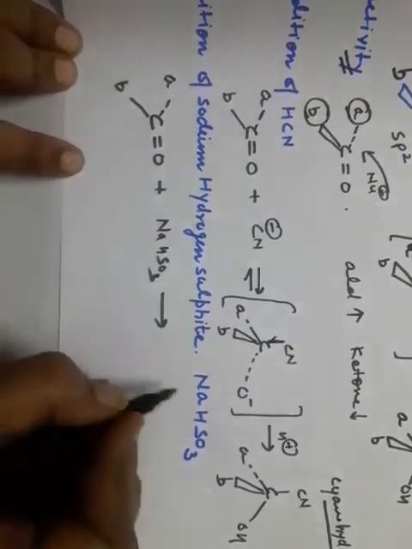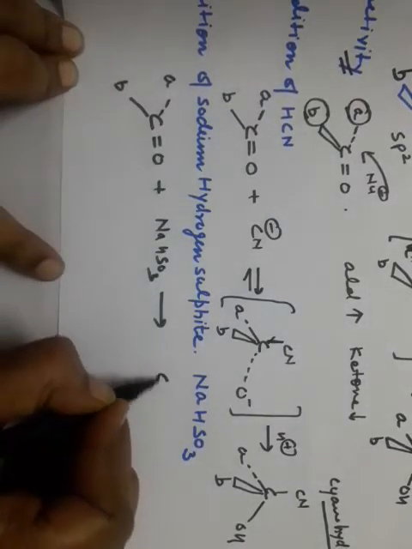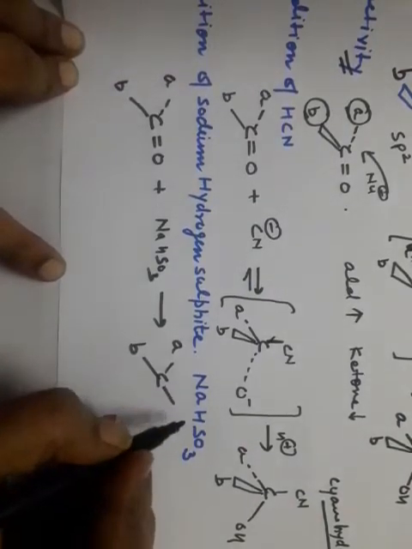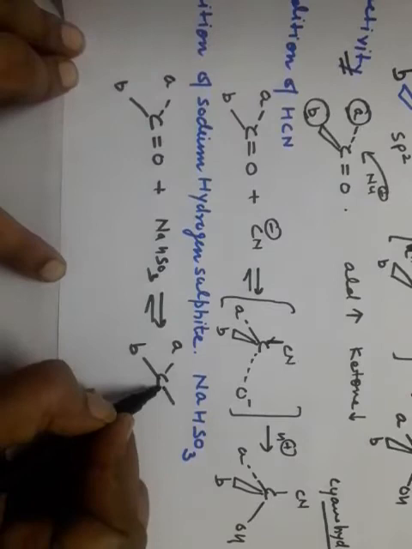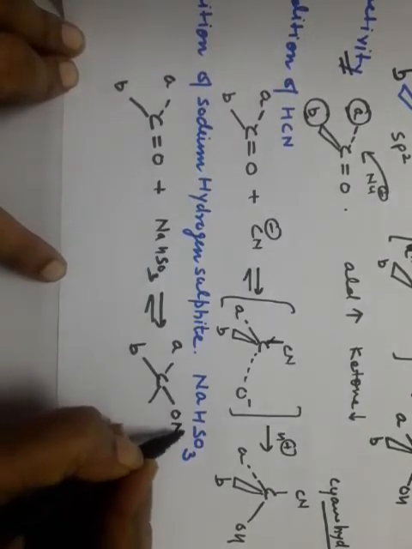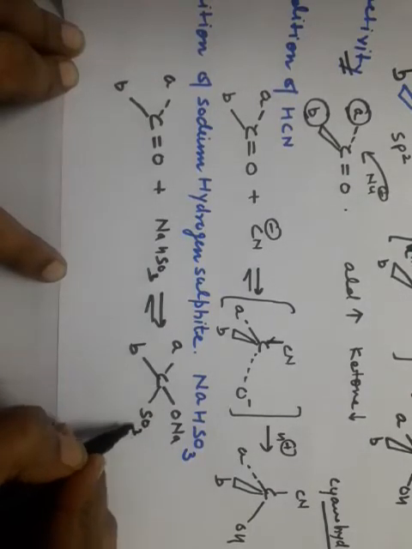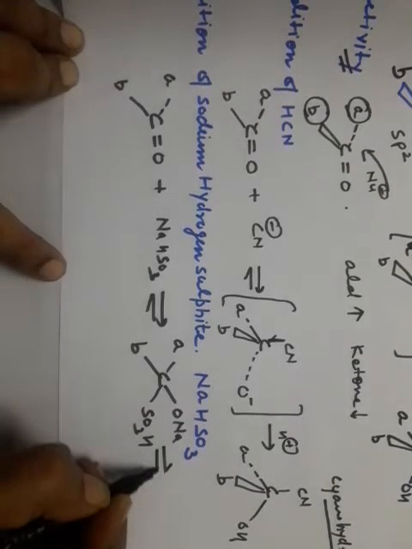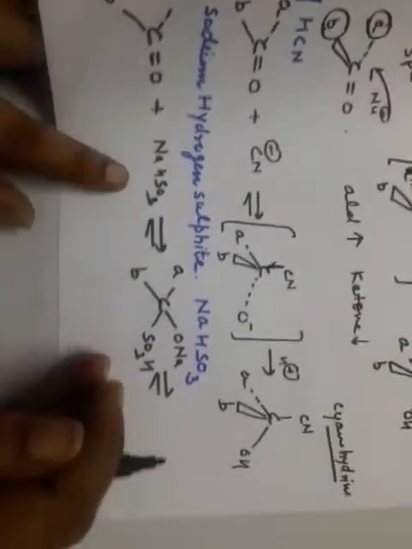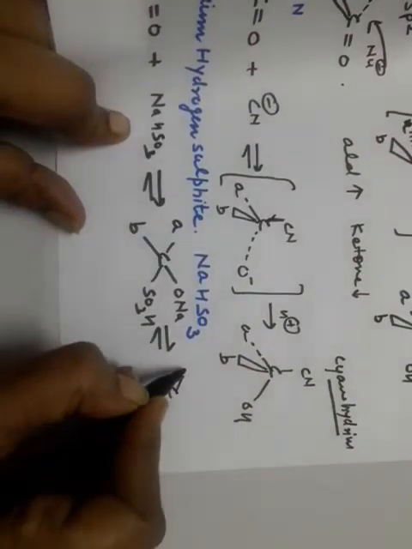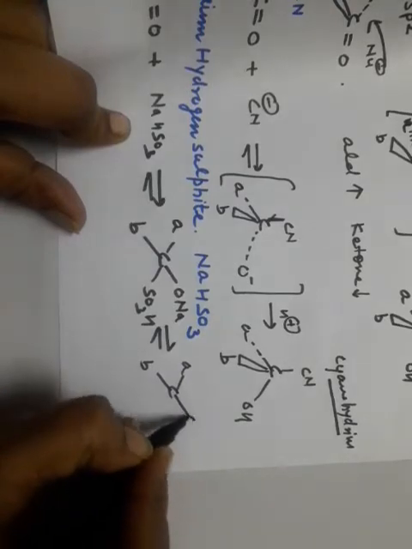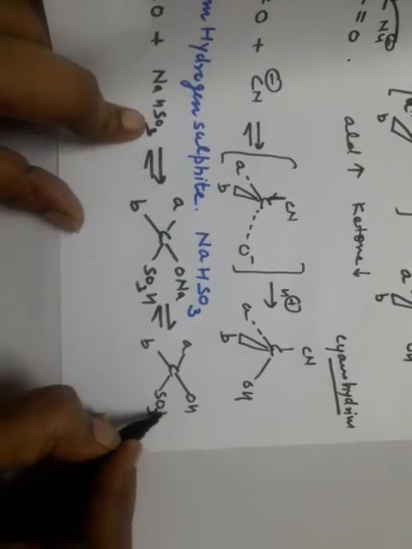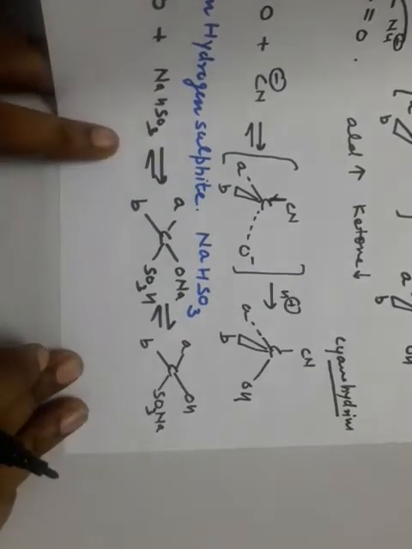Then again the addition reaction takes place, and this gives a compound like this, and here proton transfer takes place within the reaction, and the compound is formed. Sodium salt of aldehyde and ketone is formed.